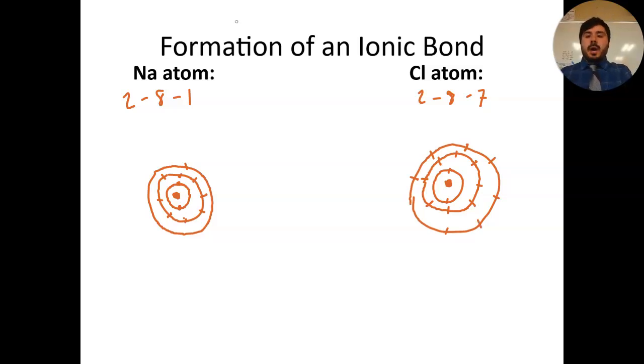So now we've got 2, 8, 1 for sodium, and 2, 8, 7 for chlorine. So now what happens here is this.